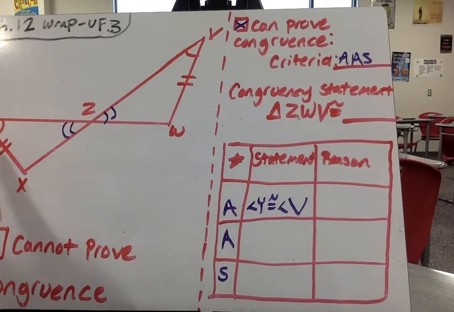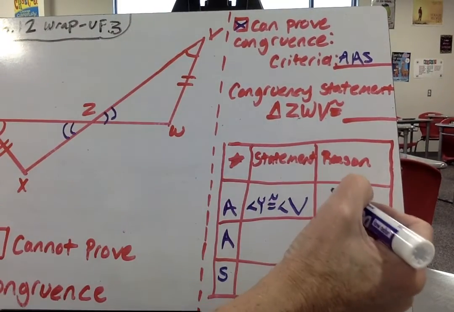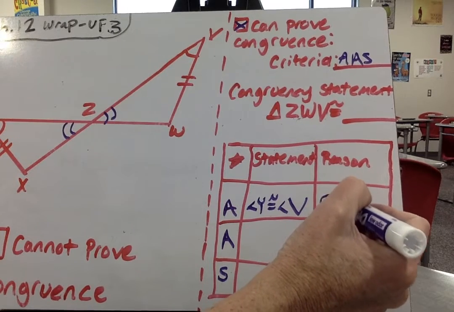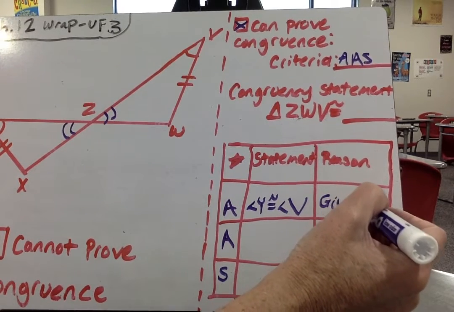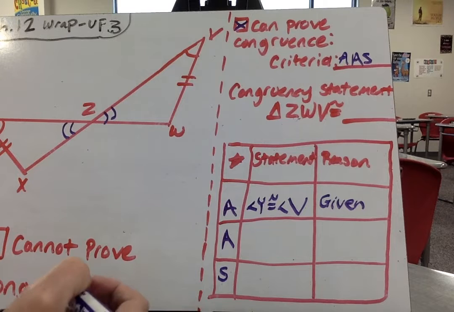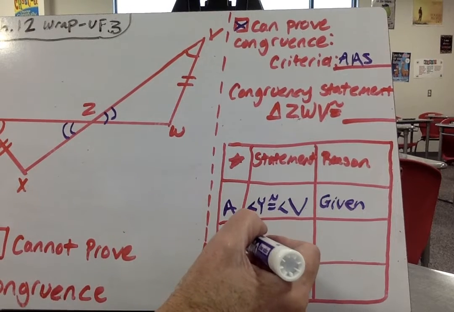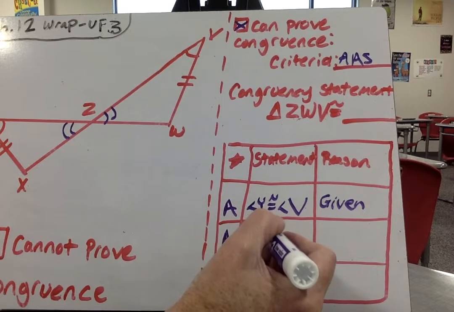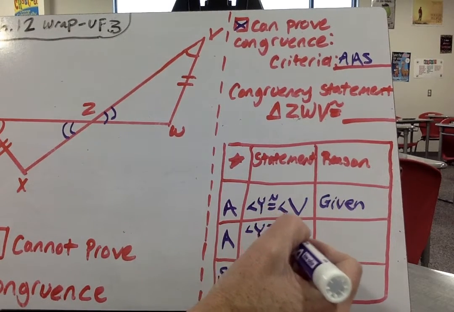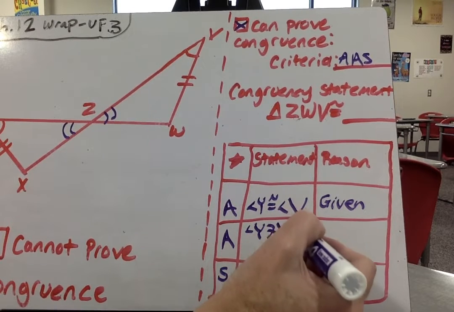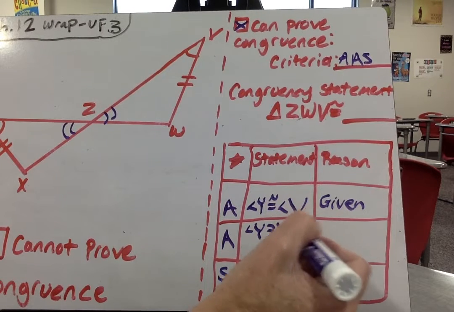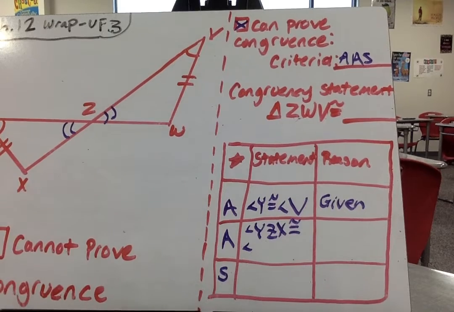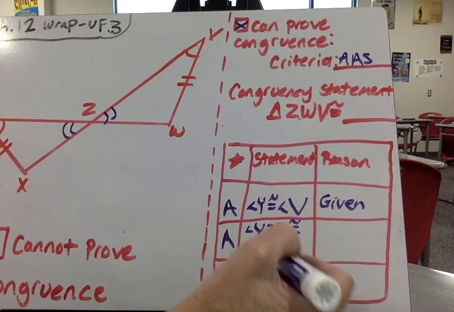Because it's given here, Y and V. Next angle, this one, angle YZX is congruent to angle VZW.